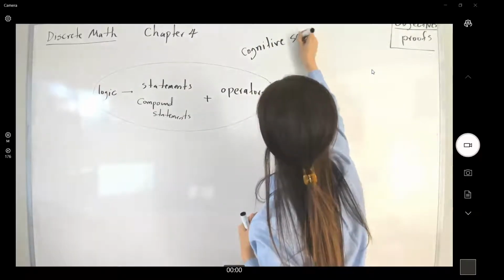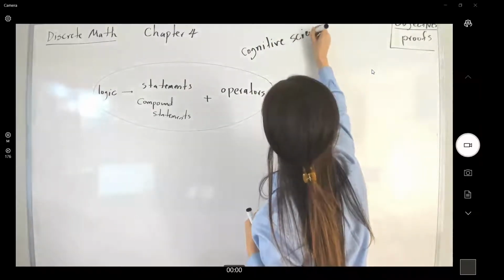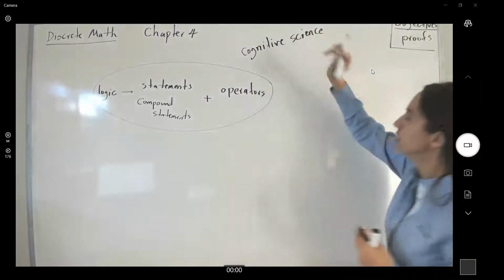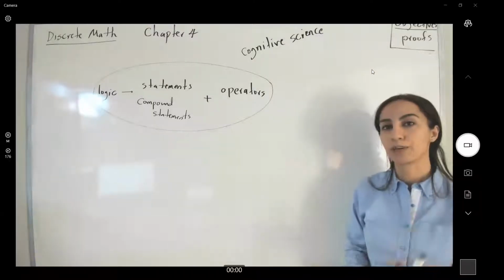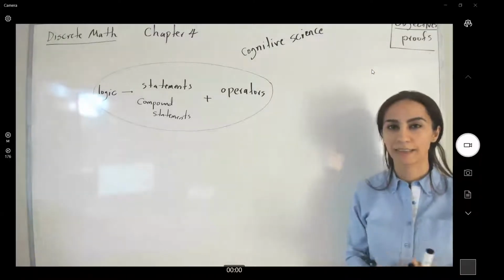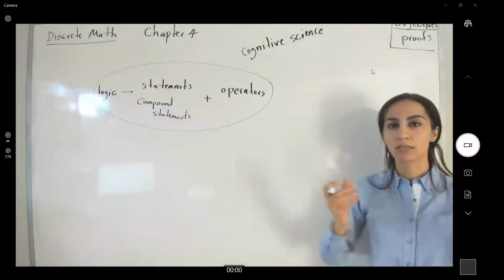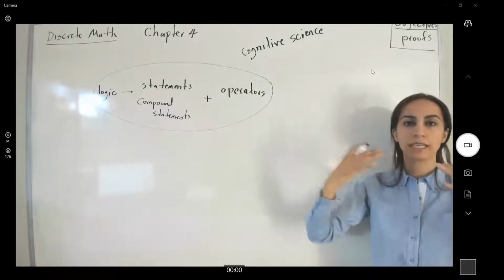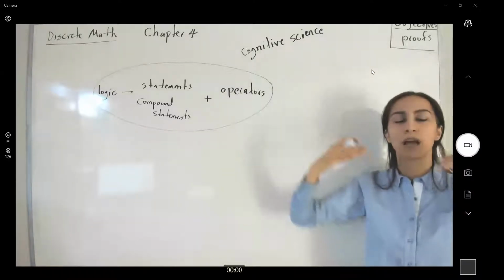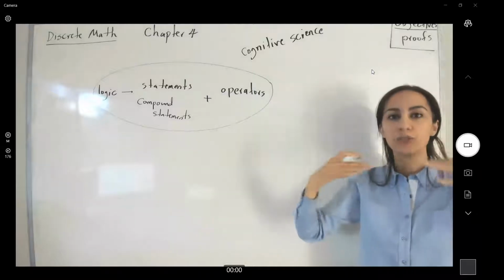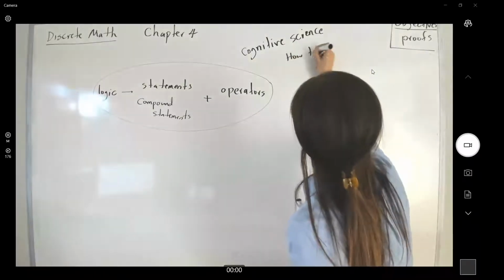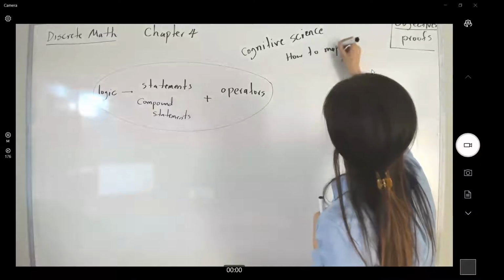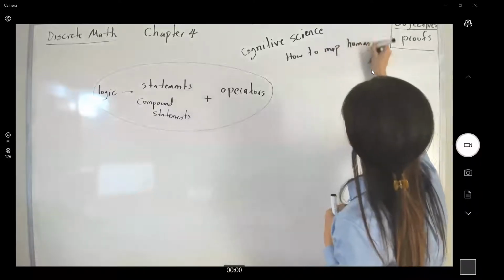We need cognitive psychologists, experts in brain that actually help us to take a look at the mapping of the mind, our human cognition. How to map human mind.